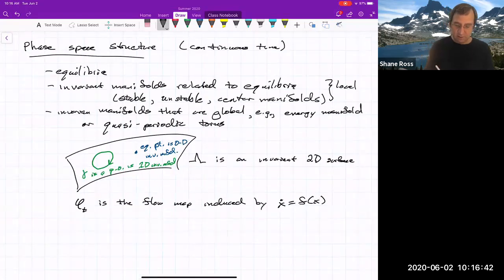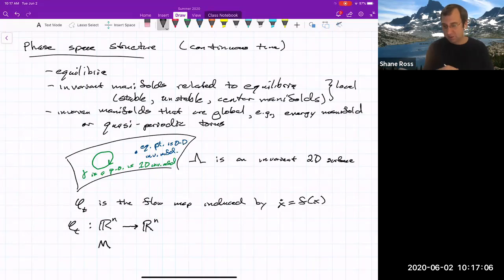I'm going to say that our phase space is Rn, n-dimensional Euclidean space. The flow map takes points in the phase space and maps them. So if you have some surface, some manifold, some collection of points, a set, it takes that and maps it to where it is after some time t.